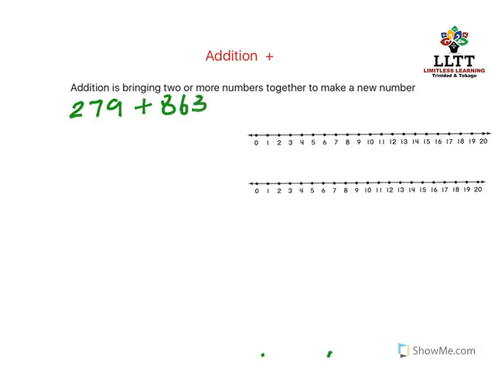Okay, so this is a larger number. Again, we have 3 digits, so we're dealing with hundreds, tens, and ones.